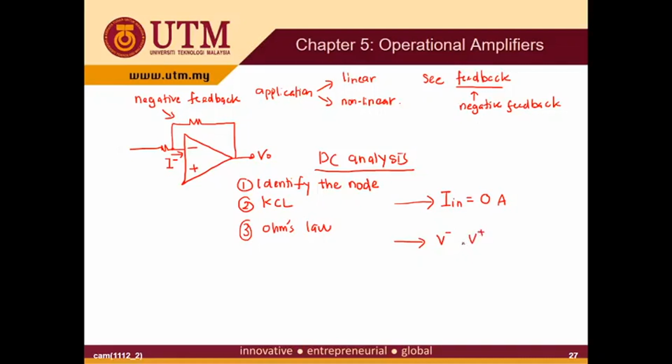In the op-amp, V minus is equal to V plus. This is what we call a virtual short. So V minus will always be forced to be equal to V plus. You apply this, and then you solve the equation.